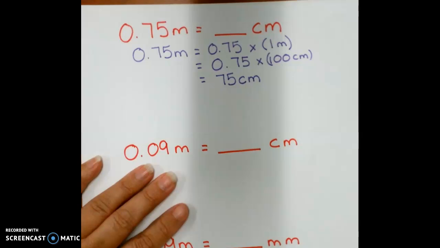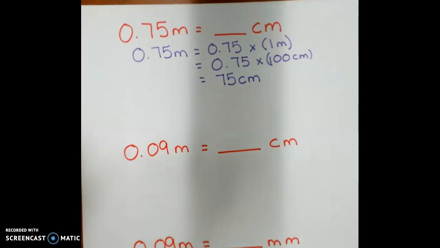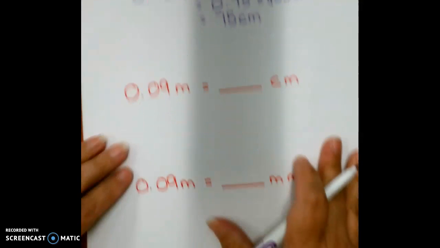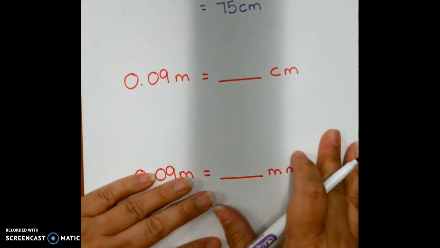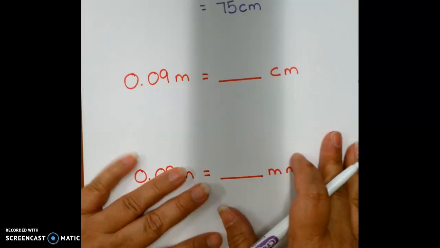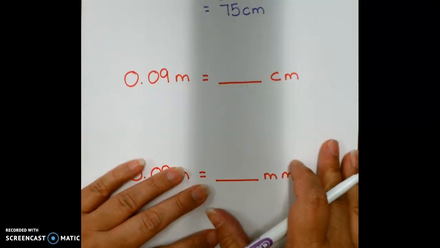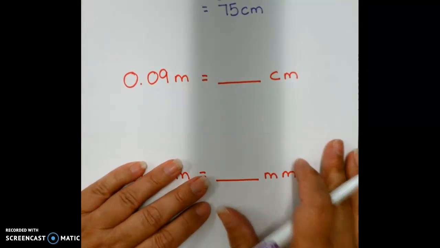When we multiply by a multiple of 10 or 100, we move 2 places to the right. So now I have 9 hundredths of a meter, and I'm going to convert it to centimeters.